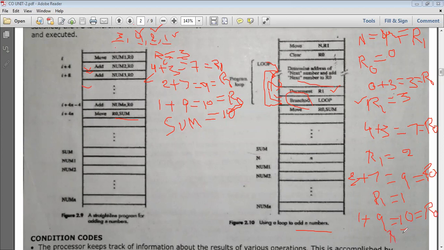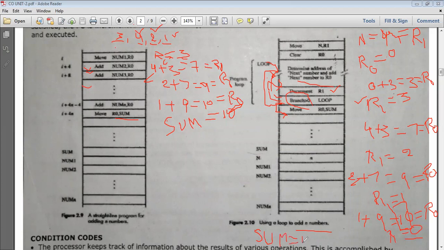So branch if greater than 0 means check whether the value of R1 is equal to 0. So come out from the loop because R1 becomes 0. Now what is the result in R0? 10. So the final result is 10. That result will be moved to sum. So finally we are getting sum equal to 10.